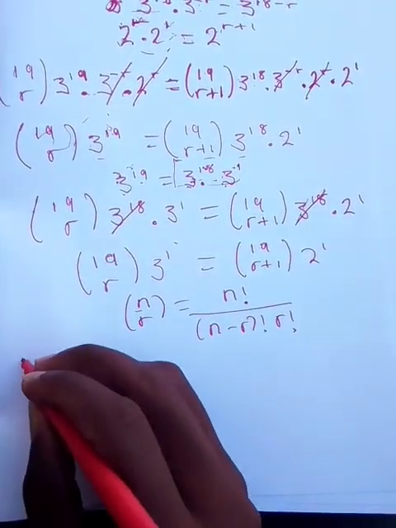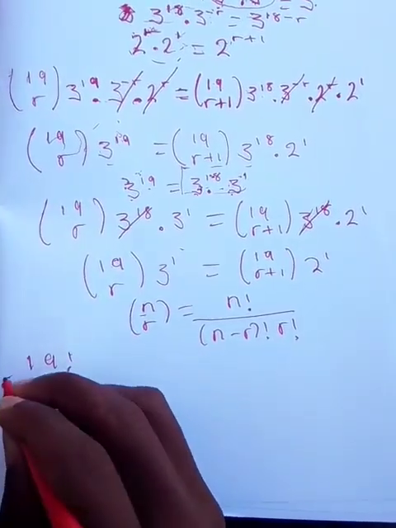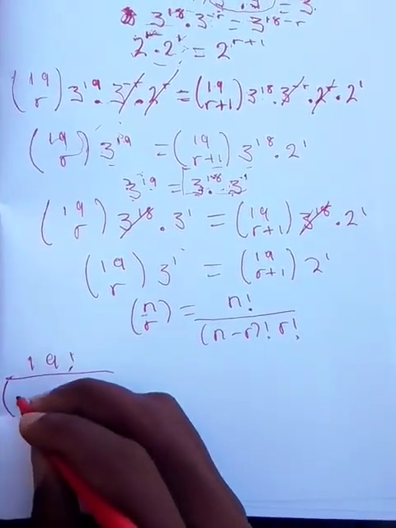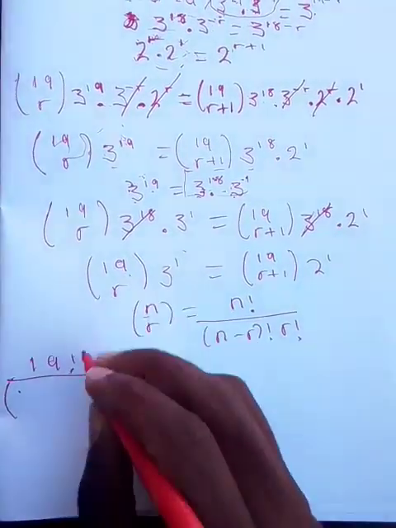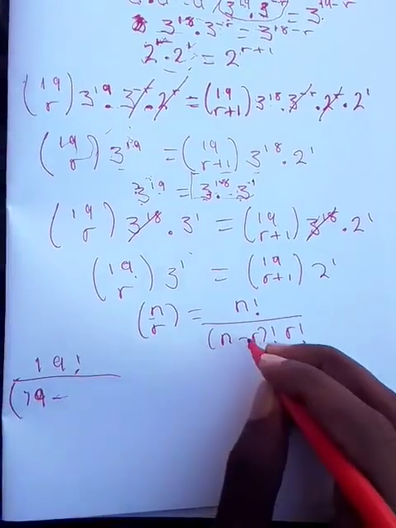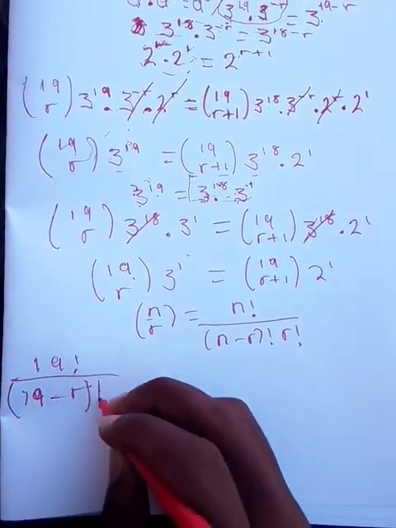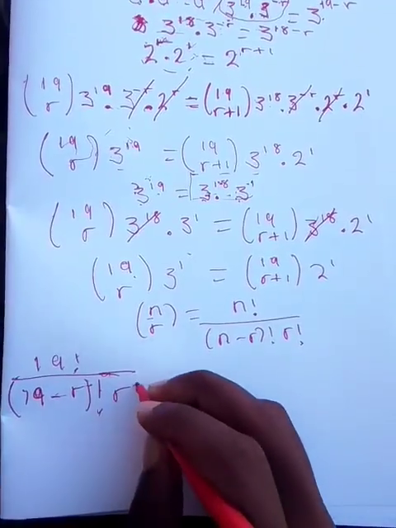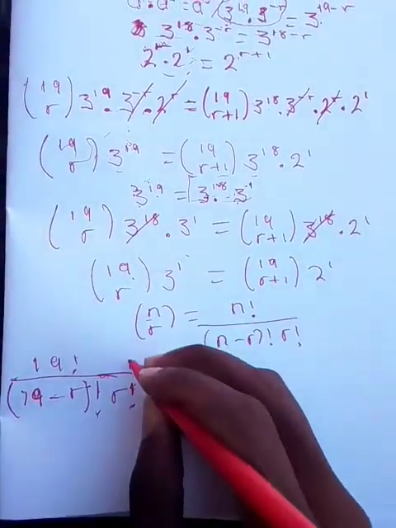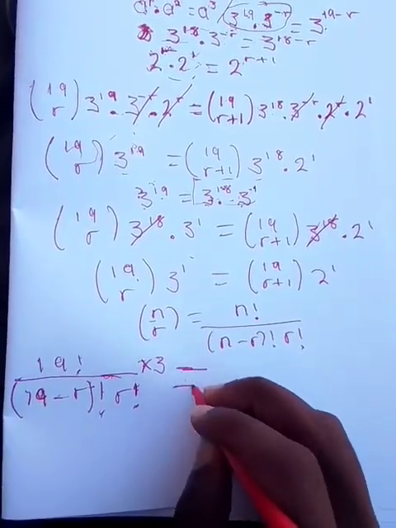So I'm going to say 19 factorial over 19 minus r factorial, and r factorial. Don't forget times 3. We are assuming that they are equal to each other.